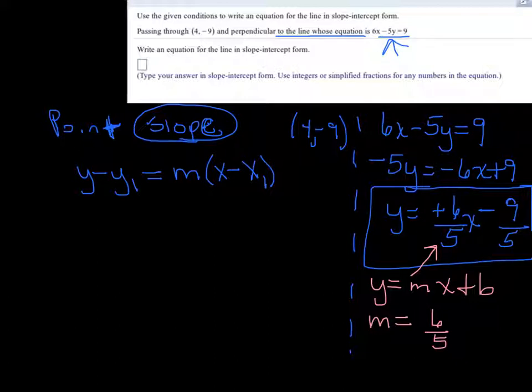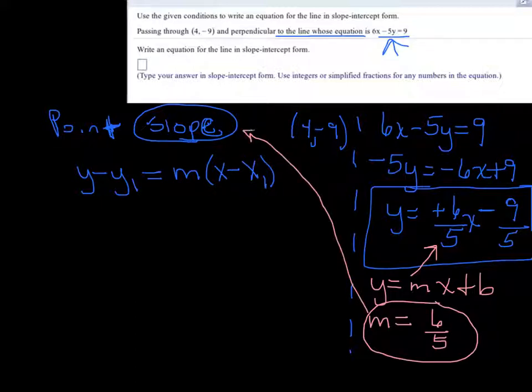All right? Which is what we needed to know in order to determine the perpendicular slope. We needed this so we know the slope for the line we're trying to write an equation for. And since we know that line is perpendicular to the one given, we're going to flip our slope. So instead of 6/5, we'll have 5/6, and we'll make it the negative of that.